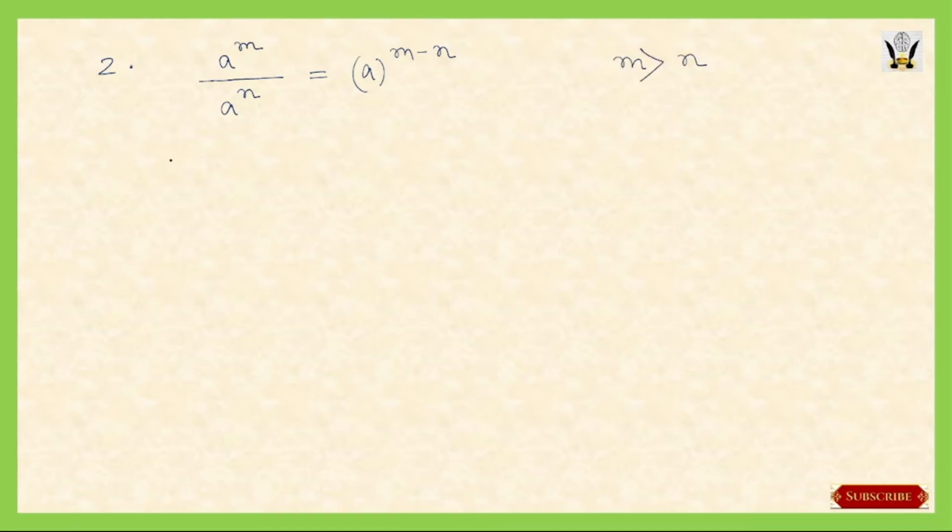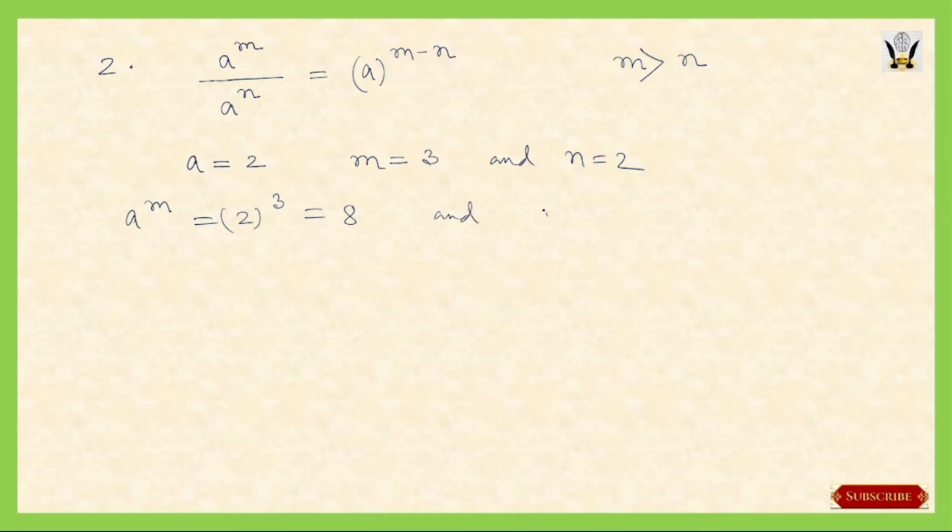Now let's understand this with an example. Again, if we take base as 2 and exponents, this time since m has to be more than n, let's take m as 3 and n as 2. So separately if we evaluate them, then a to the power m will be 2 to the power 3, so it will be 8.